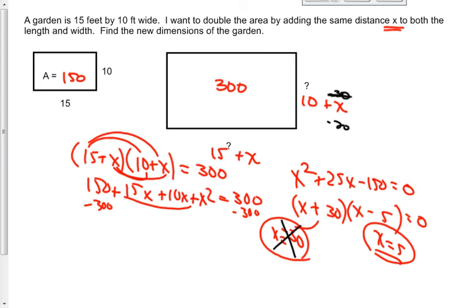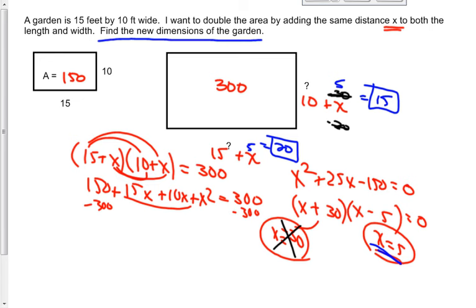So 20 by 15, will that work? Twenty times 15 does give you your 300 for your new area, so that means x. Find the new dimensions of the garden. My adding number will be 5, and my new dimensions are 20 by 15.